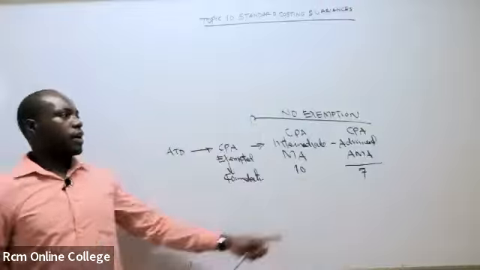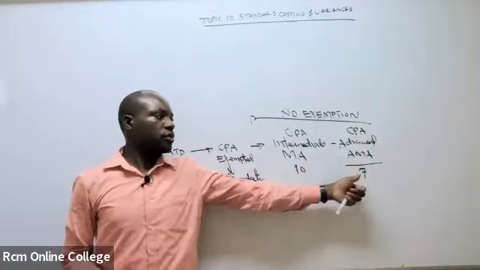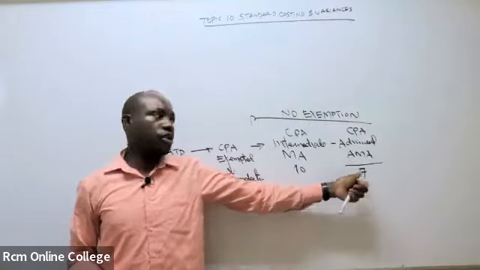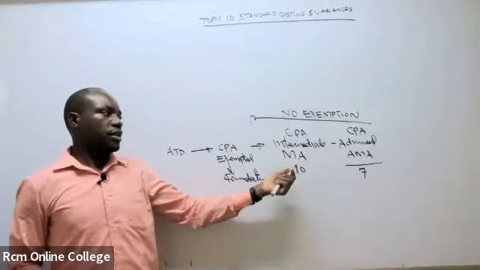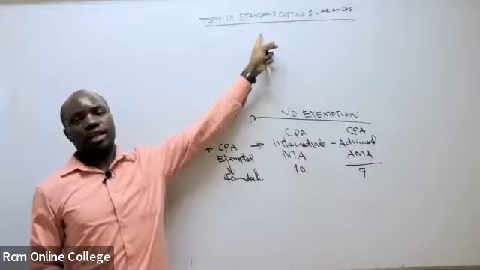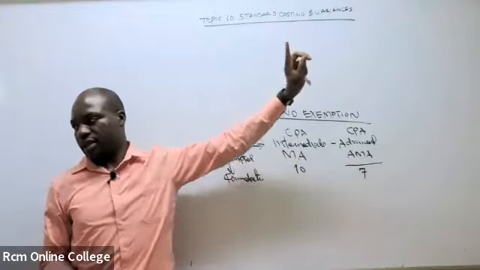Then you also find it at advanced level covered in detail under topic number 7. That is budgetary control. It has been combined with topic number 10, but at CPA intermediate, it is topic number 10, variances being discussed independently.